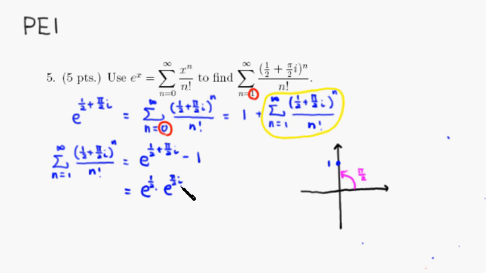It's on the y-axis, so it's purely imaginary. So it's going to be 1i. So this is e to the 1/2 times i. That's the value of this expression right there.